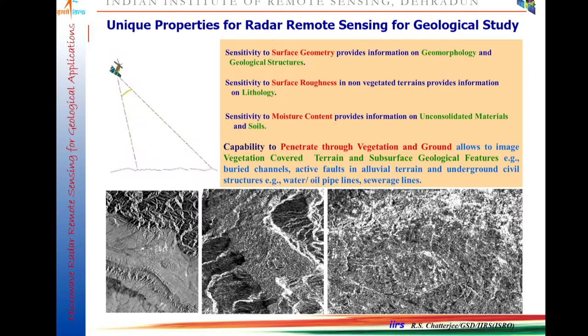We have already discussed that there are a number of advantages with radar microwave remote sensing. It has a side-looking geometry, so it is very sensitive to surface geometry, and therefore very useful for geomorphological feature identification and geological structures. Because it is a coherent radar, it is very sensitive to surface roughness, which is useful for lithological discrimination.